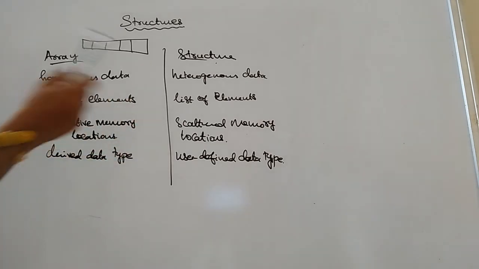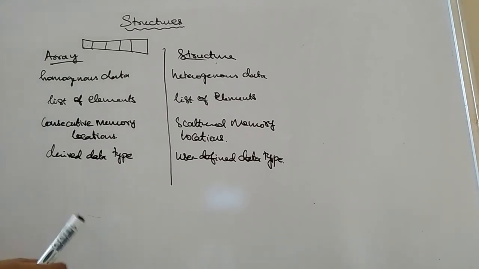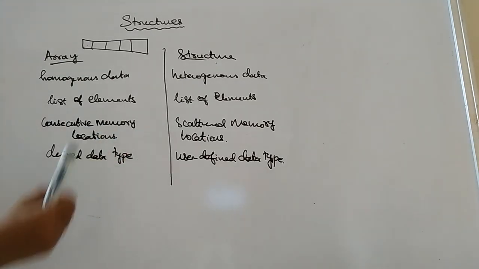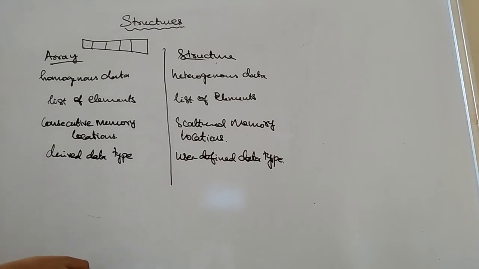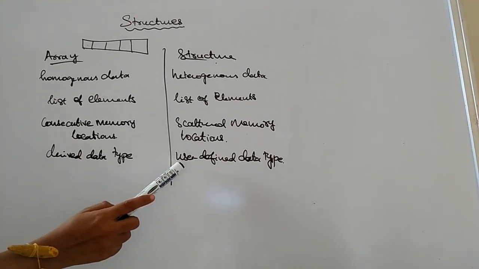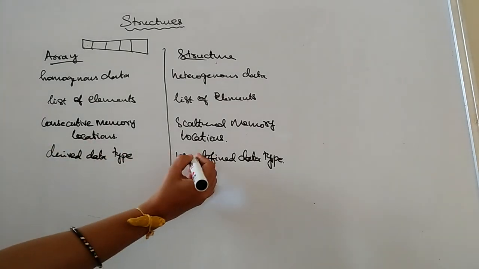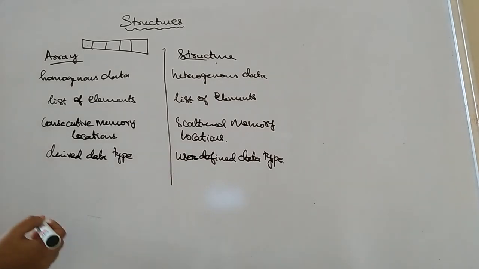But with a structure, we have to define our own structure. That's why we call it a user defined data type, because a structure is defined as per the user's choice.